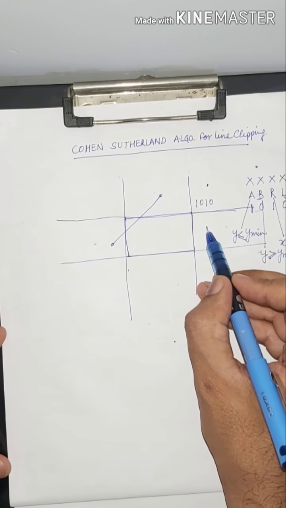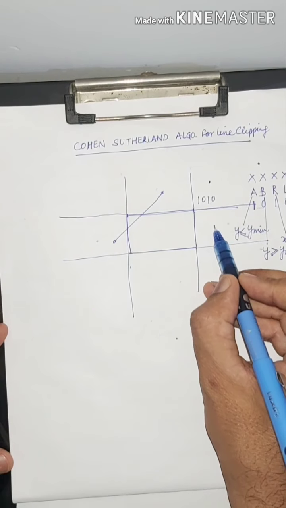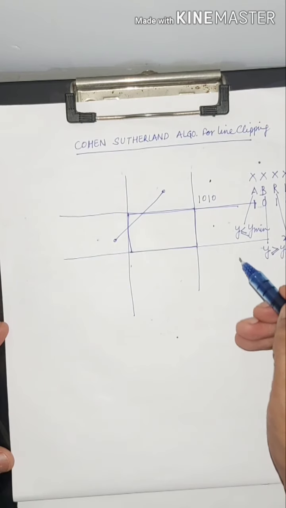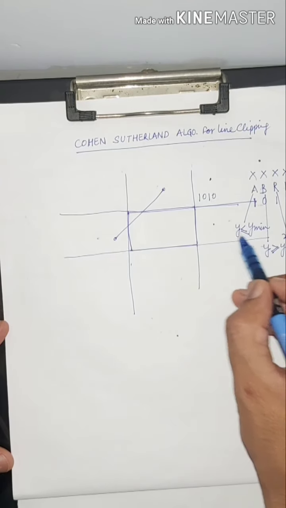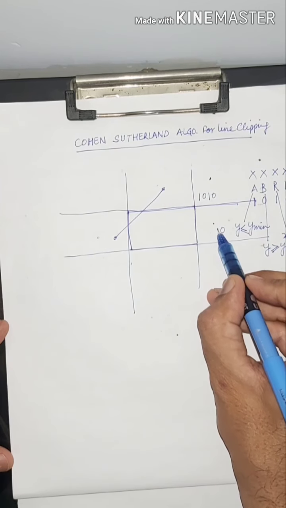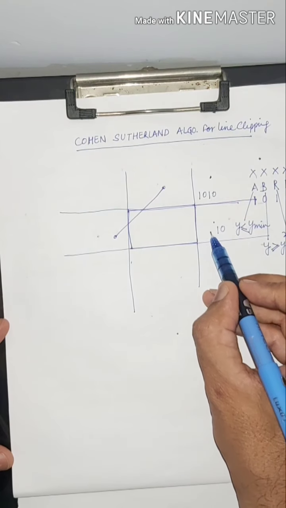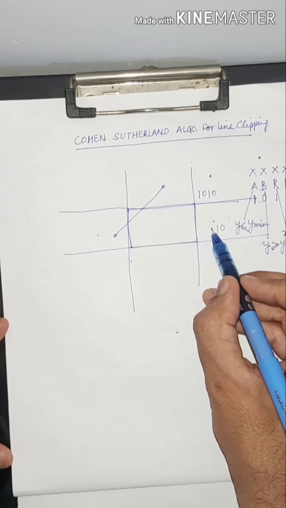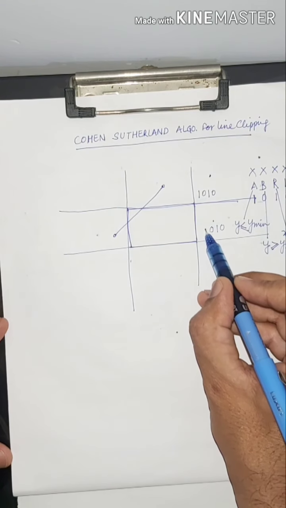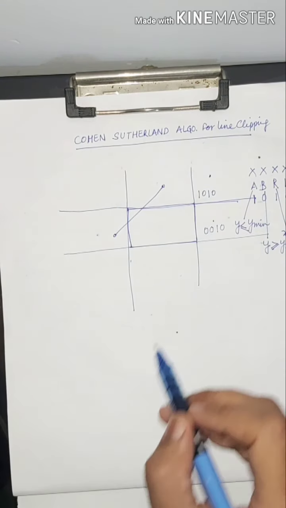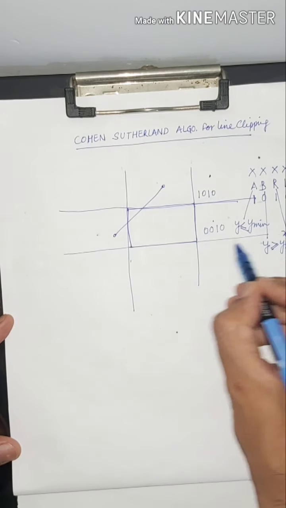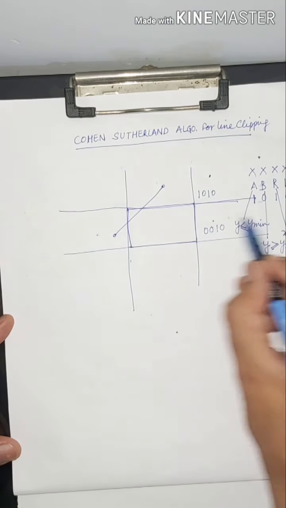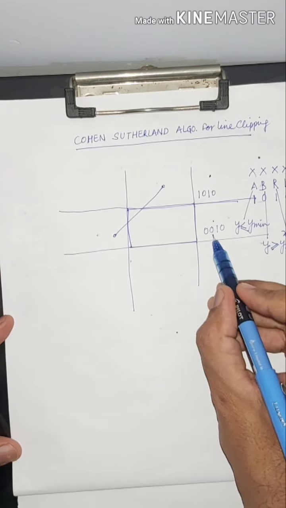Similarly, for the region code of a point lying in this region, if you guess, is it on the left? No. On the right? Yes. On the above portion? No. On the below? No. So this is the region code for this area. Any point lying in this region will have this region code.